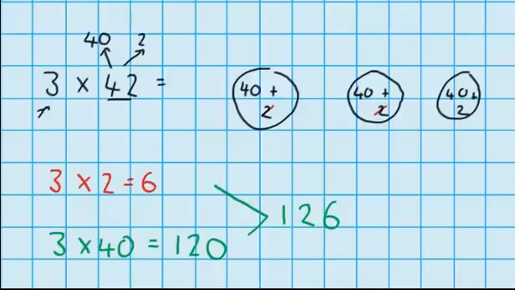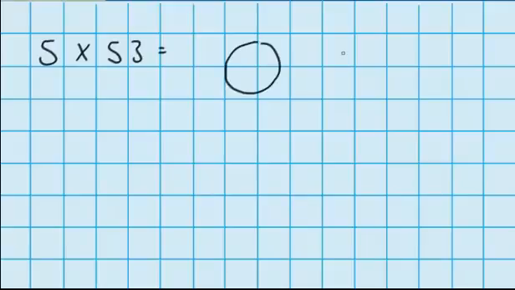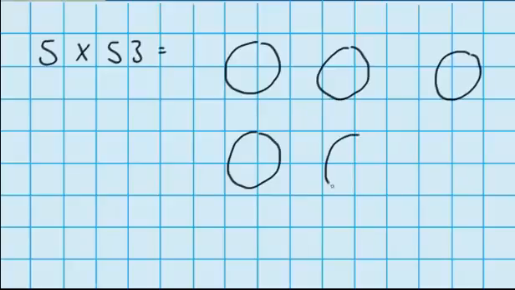Let's do one last question. This time I want to work out what 5 groups of 53 is. So I'm going to draw out my 5 groups. 1, 2, 3, 4, 5. If you're getting better, you might be able to imagine that in your head.